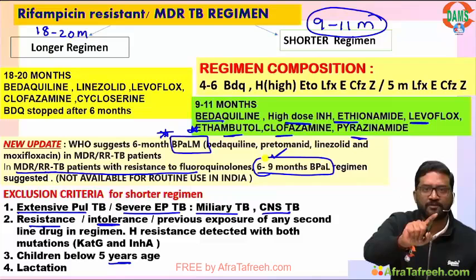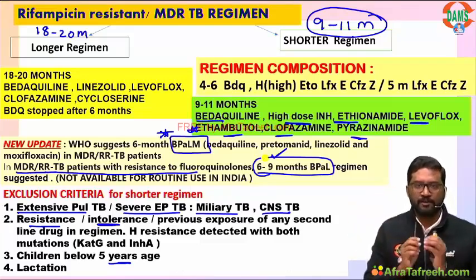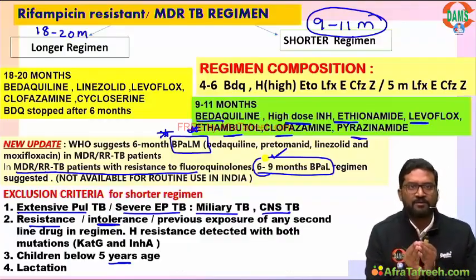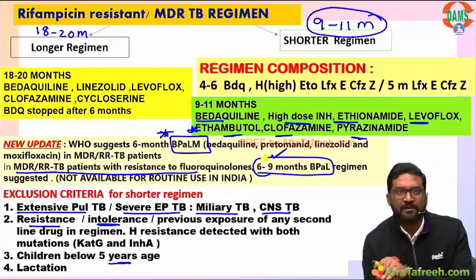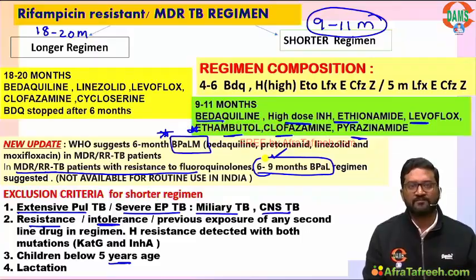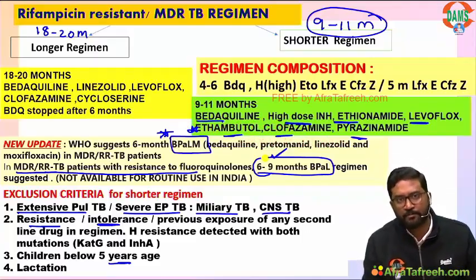But this is not available in our country as of now. So the 2 new regimens are: if patient is having MDR TB, you can go for 6 months of BPAL-M regimen. If it is pre-XDR, in the sense you cannot give fluoroquinolones, you can give BPAL regimen, 6 to 9 months of BPAL regimen.